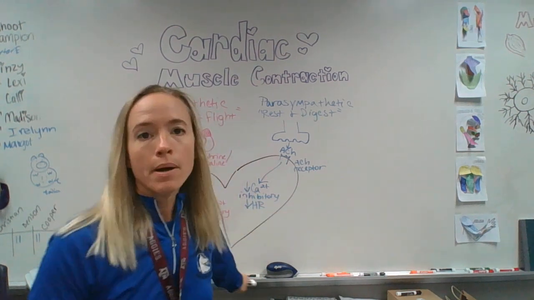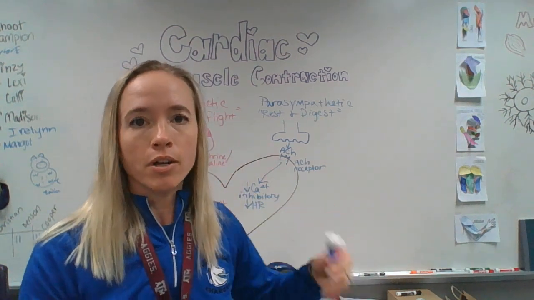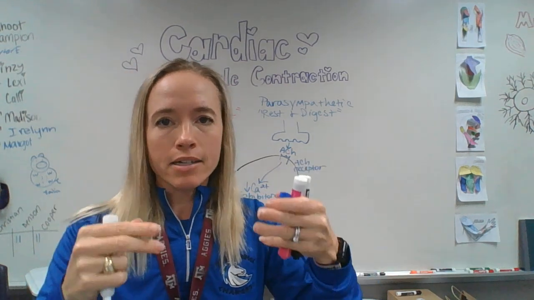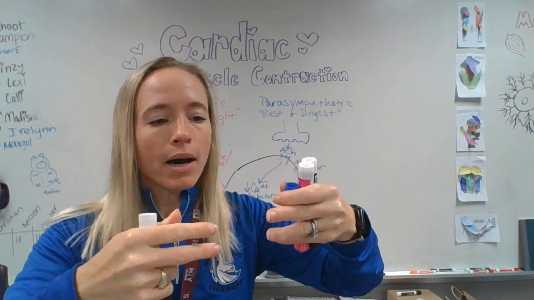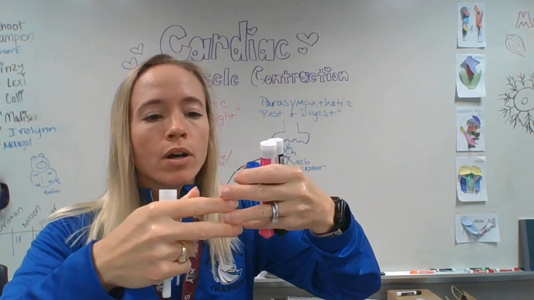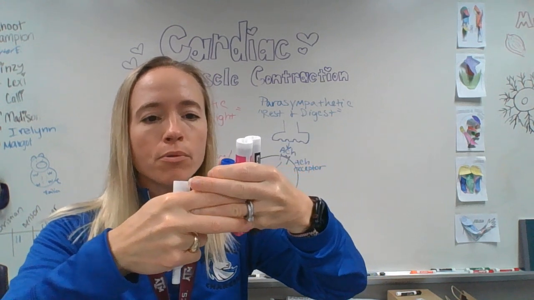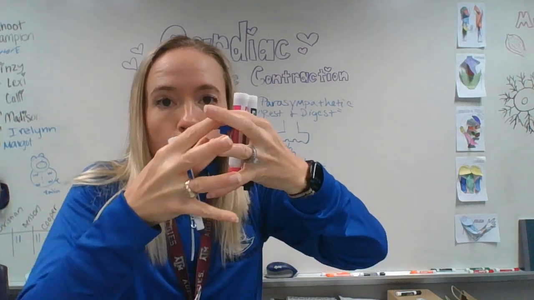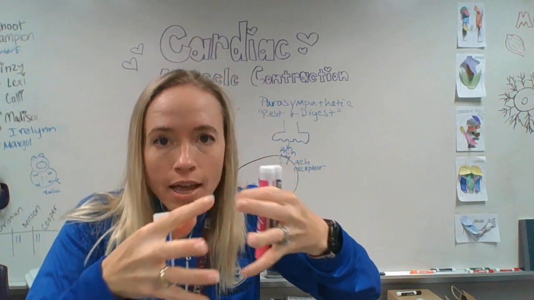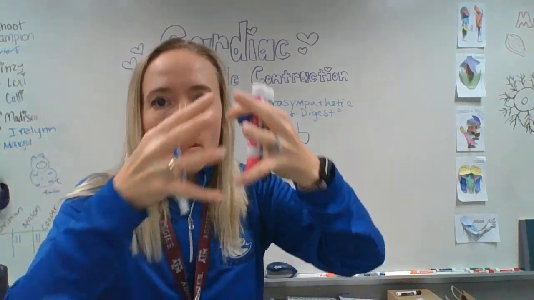Okay, now remember, same contractile unit, the myosin and actin, the thick filament and the thin filament. When the calcium binds to it, it's going to bring those together, which is going to cause the whole heart to get shorter and thicker. And then when it relaxes, it goes out. So bump, bump, bump.